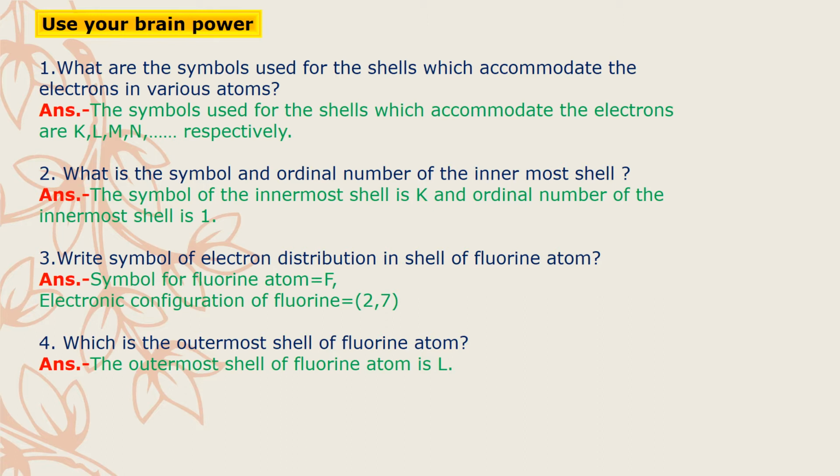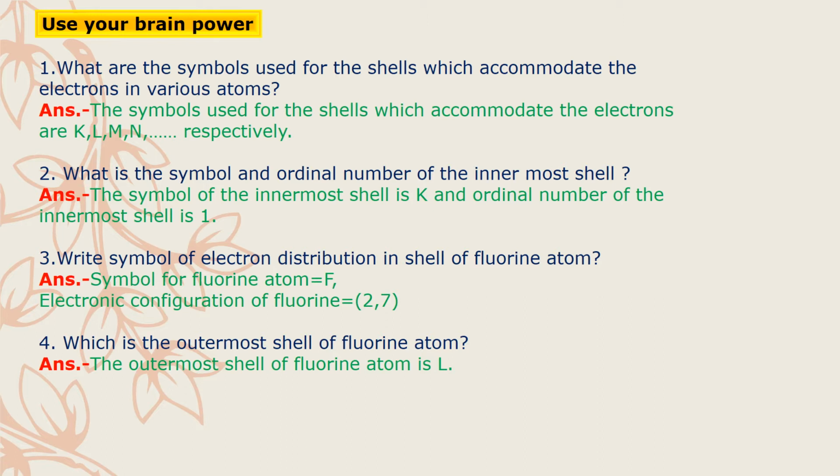What are the symbols used for the shells which accommodate the electrons in various atoms? The symbols used for the shells are K, L, M, N, and so on respectively. What is the symbol and ordinal number of the innermost shell? The symbol of the innermost shell is K and its ordinal number is 1.